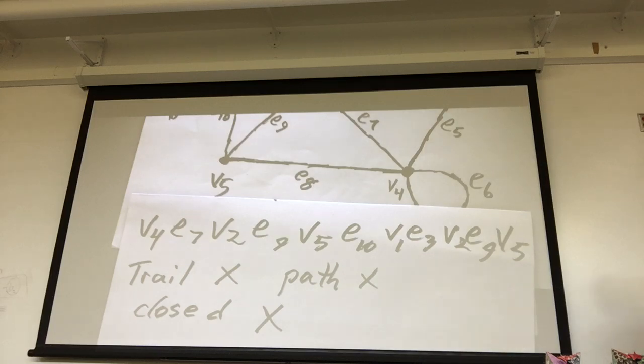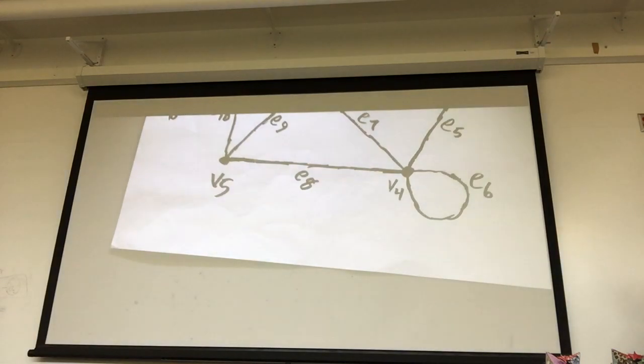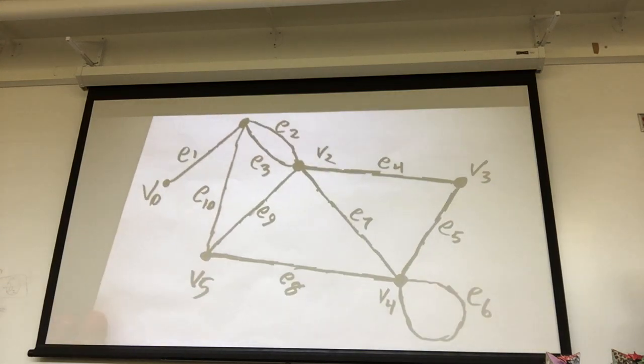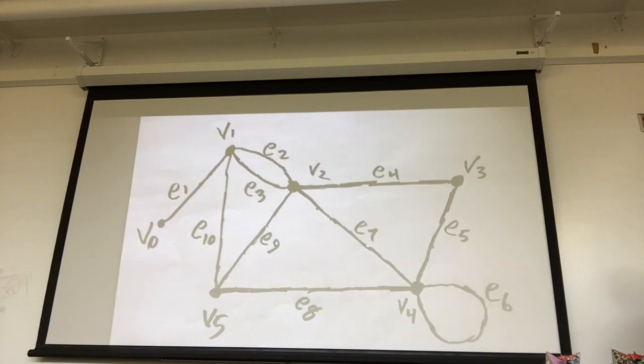Okay, let's try another one. And on this one, I'm going to write it not as a sequence of vertices and edges, just as a sequence of vertices. And let's first see if we can actually determine if this makes sense. I'll see if I can squeeze it in somewhere.